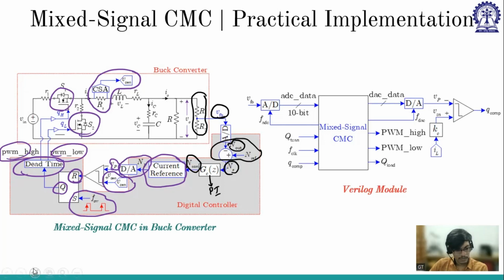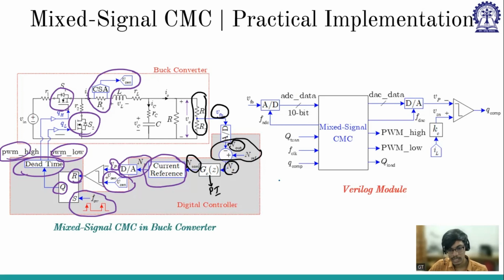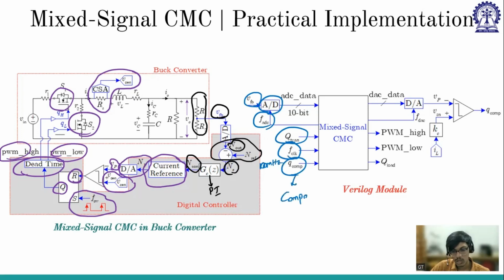And then if we see the FPGA implementation, so the left hand side will be similar to the voltage mode control. We have ADC, V feedback, FADC, Q tran to decide load transient or reference transient, main clock 100 megahertz clock, and the Q comp is the comparator output. Now it goes into the main block, which is the mixed signal current mode control.